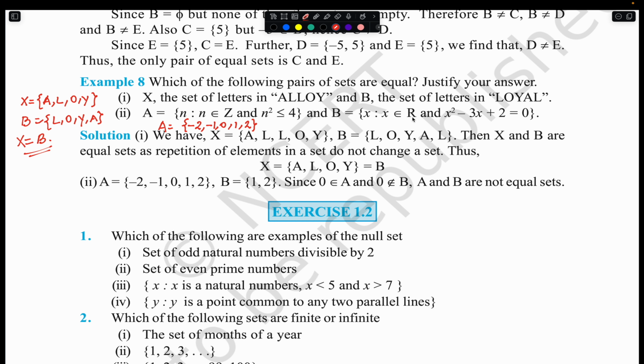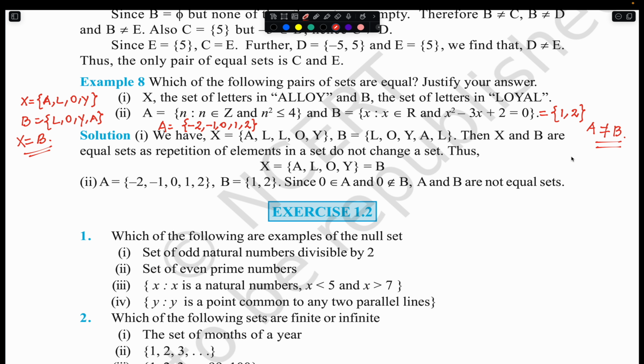For set B, you have x square minus 3x plus 2 is equal to 0. So set B is going to have only two elements, that is 1 and 2, correct? Clearly, in set A there are 5 elements, in set B there are only 2 elements, right? So these two sets are not going to be equal. A is not equal to B, correct?